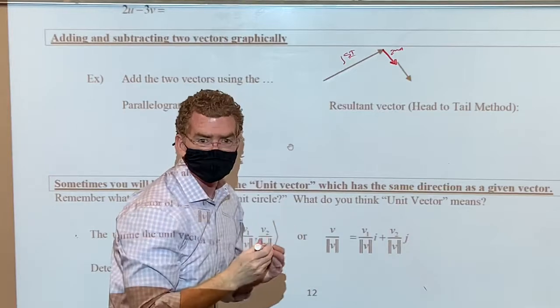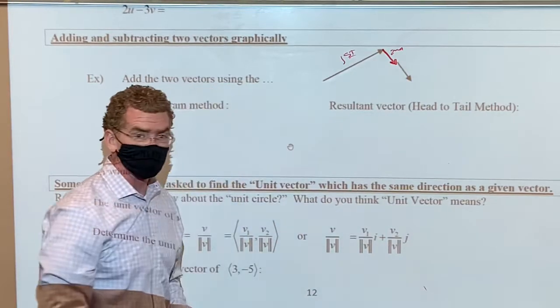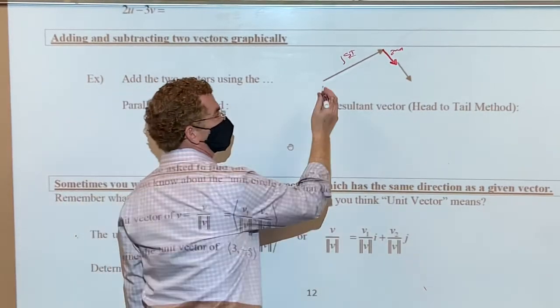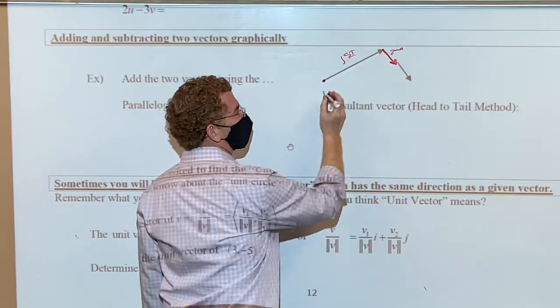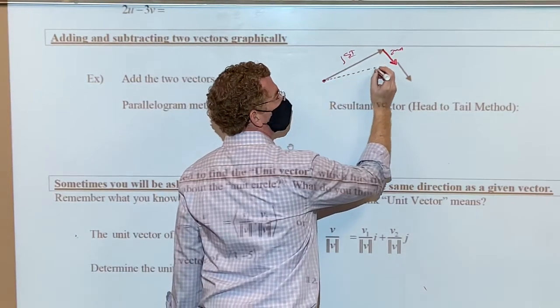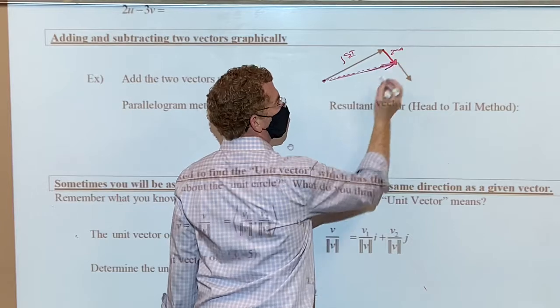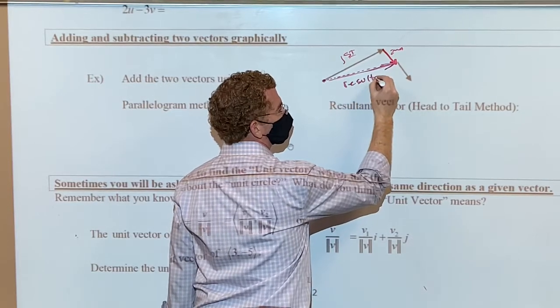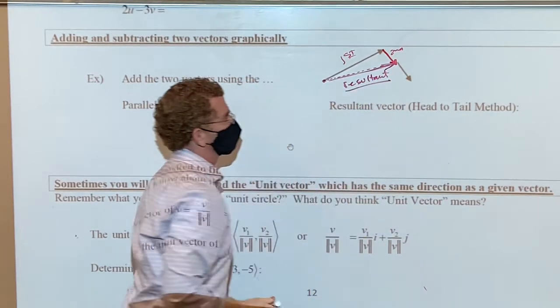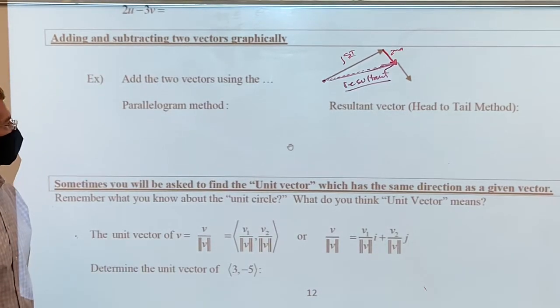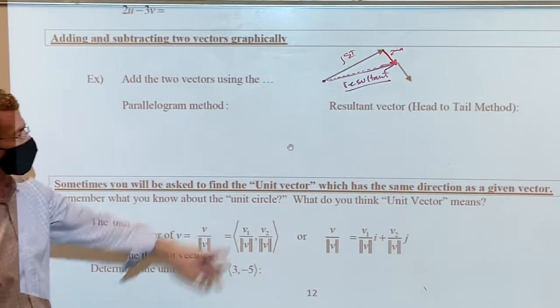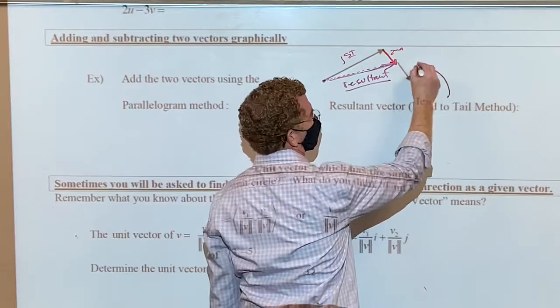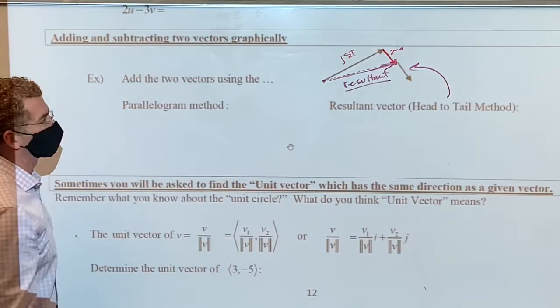Well, the result of your vector, which they actually call the resultant vector, would be the distance and the direction you have from the beginning of the first to the end of the second. So this would be the resultant vector. Okay? And there are two ways to do that. What I just illustrated was the head to tail method. Here's the parallelogram method.